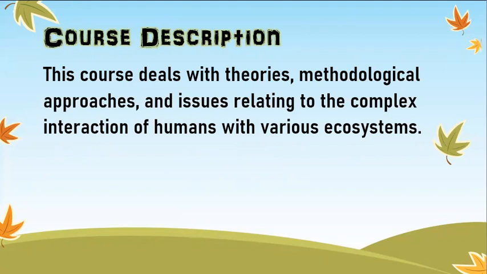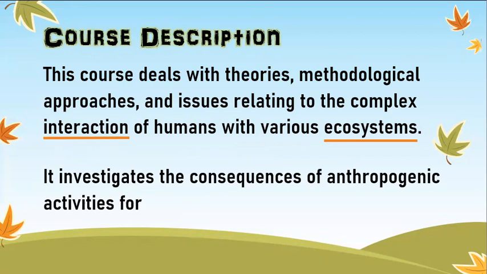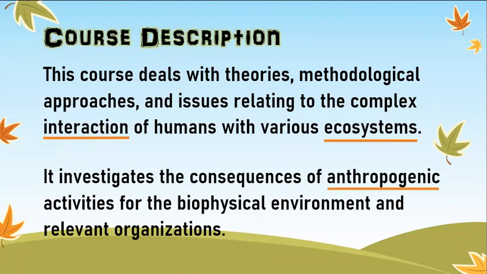Important keywords here are interaction and ecosystems. To continue, the course description states that it investigates the consequences of anthropogenic activities for the biophysical environment and relevant organizations. Another term is anthropogenic.